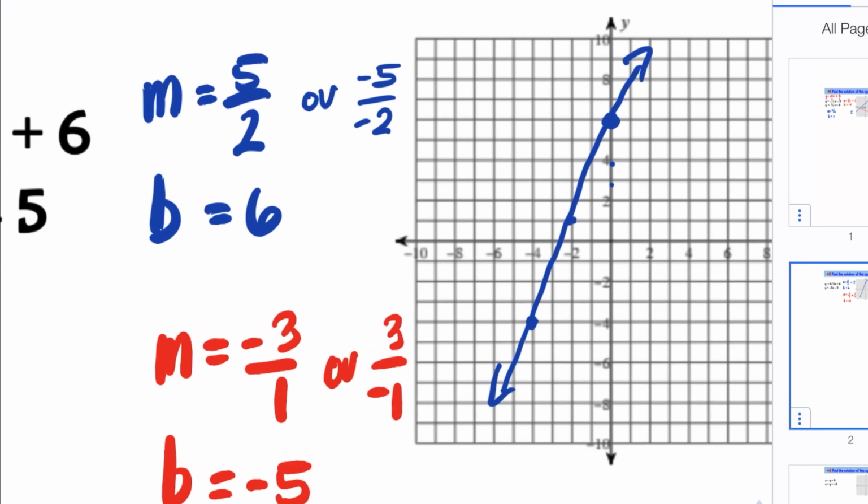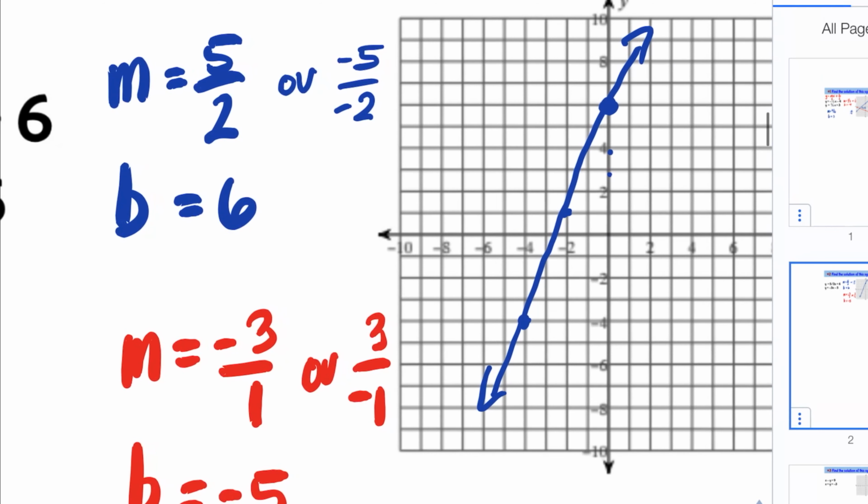So now we're ready to graph the equation y is equal to negative 3x minus 5. The y-intercept is negative 5. The slope is negative 3 over 1, so we can go 3 down and 1 to the right.